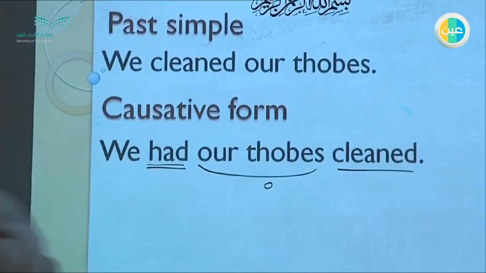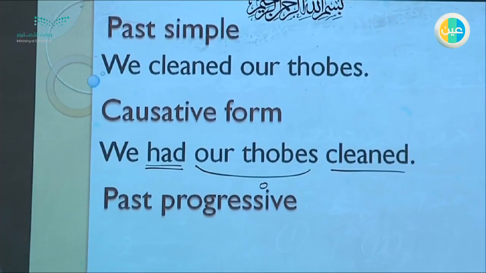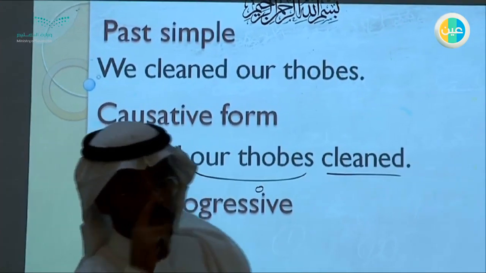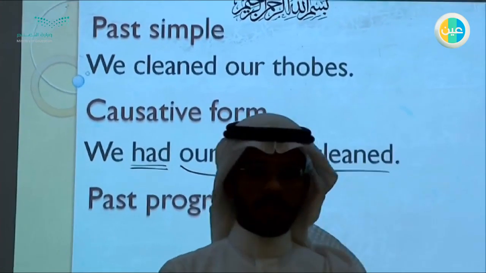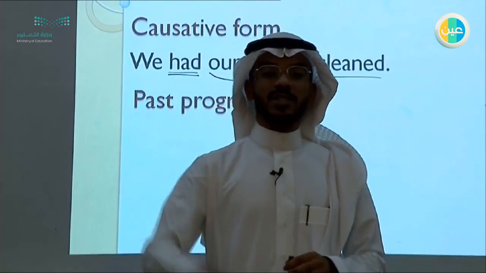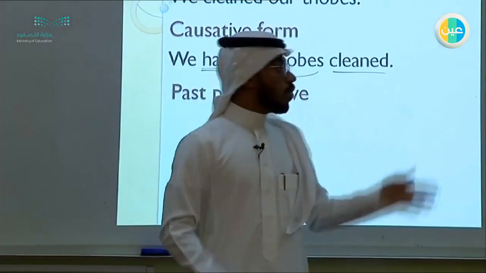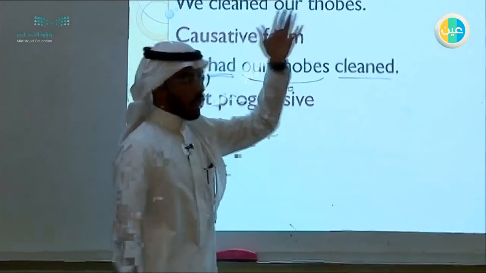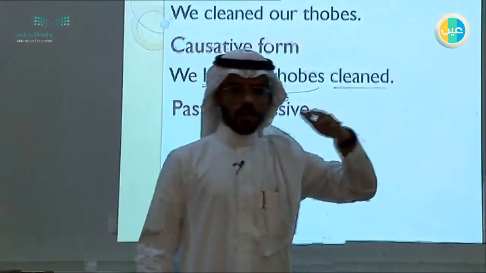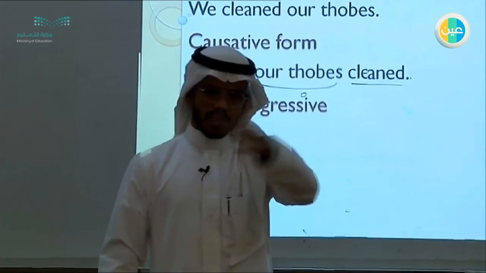Okay, let's take past progressive. We use past progressive for something that also happened in the past. For example, لو ناخذ الجملة هذه we cleaned our thobes yesterday. This is past simple.